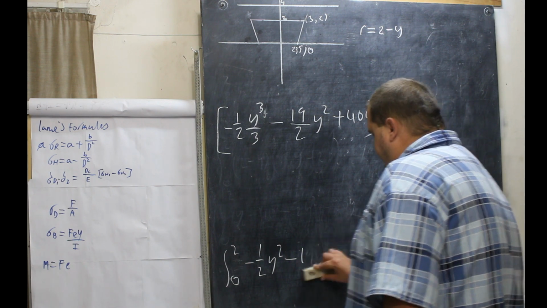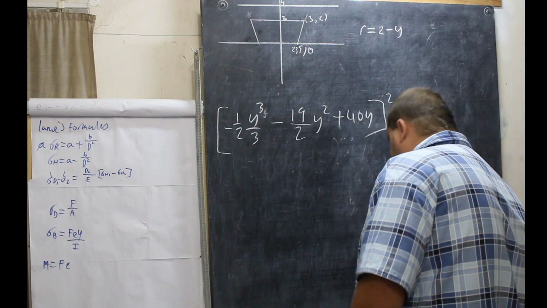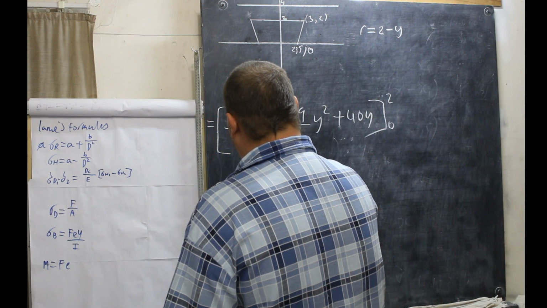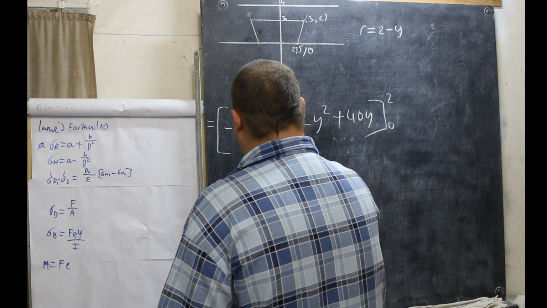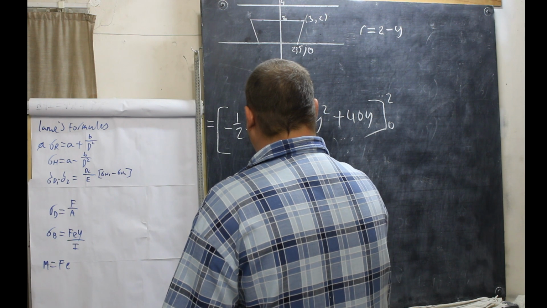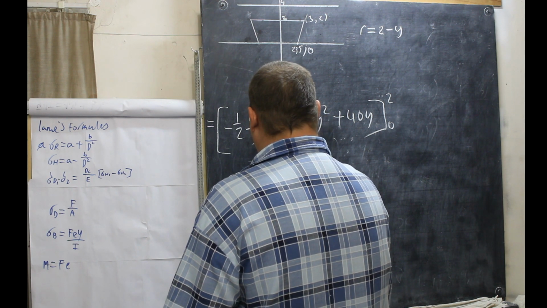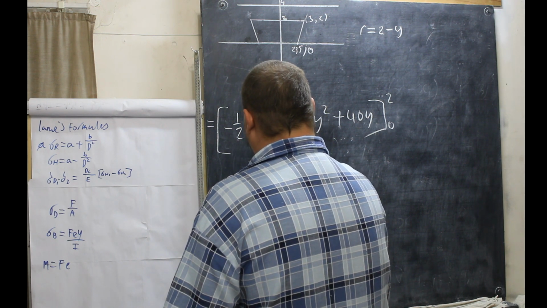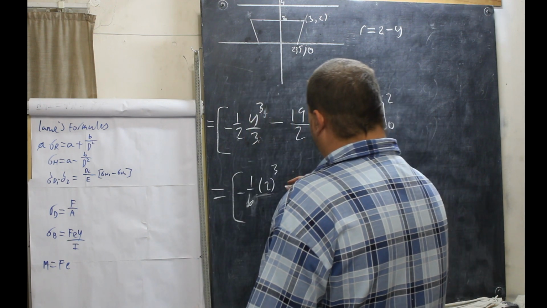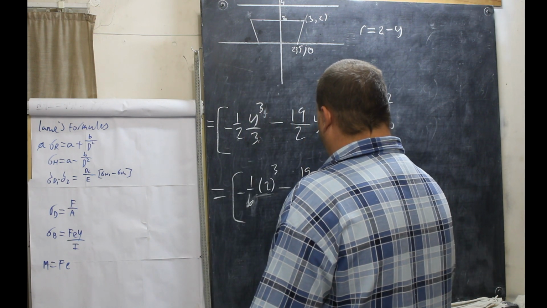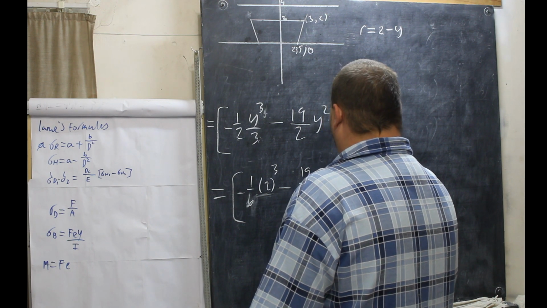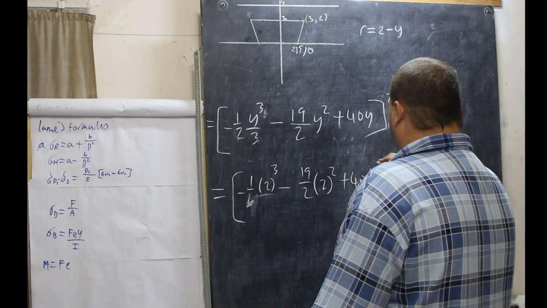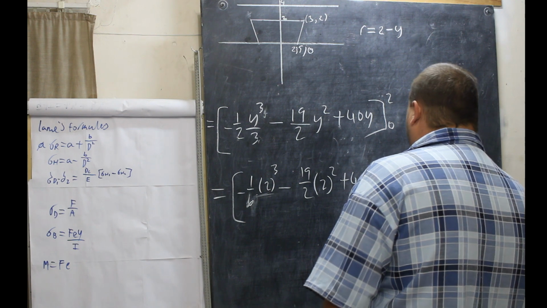So we've integrated now. Everything is equals from this point onwards. So, minus a half times 2 cubed, 2 times 3 is 6, so 1/6, minus 19 over 2 times 2 squared plus 40 times 2, minus 0.